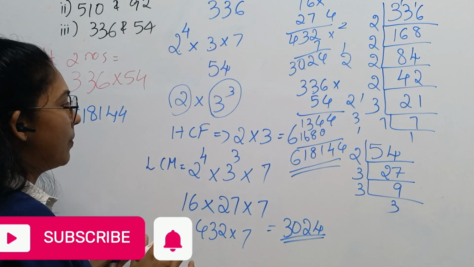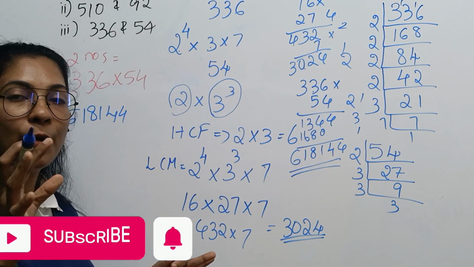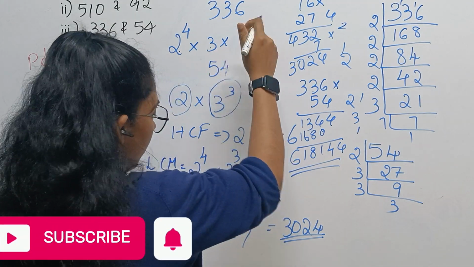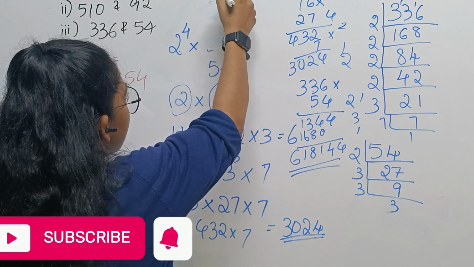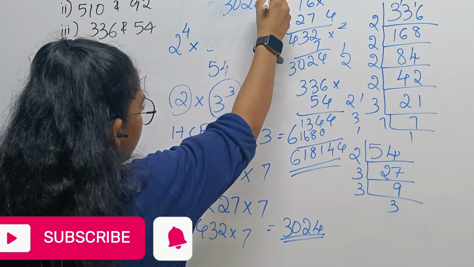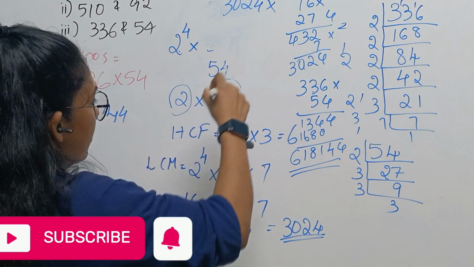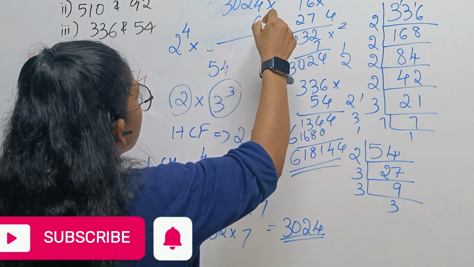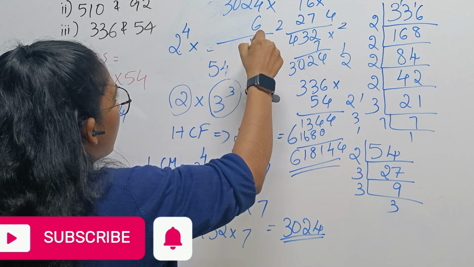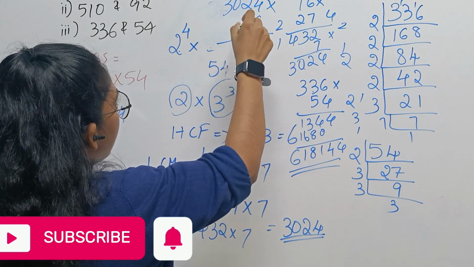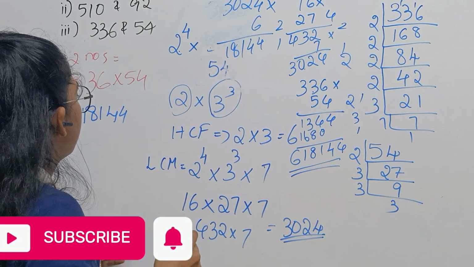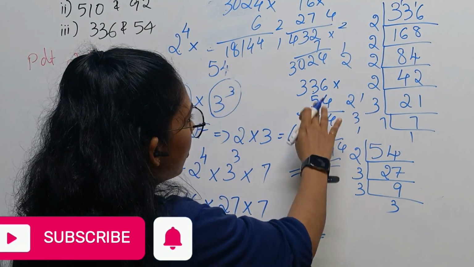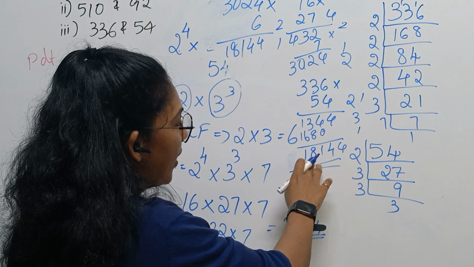And now let's find out the product of HCF and LCM. That is 3024 into 6. 6 times 4, 24. 2 is there. 6 times 2, 12. 12 plus 2, 14. 1 is there. 6 times 3, 18. Sorry, the product of two numbers is 18,144.